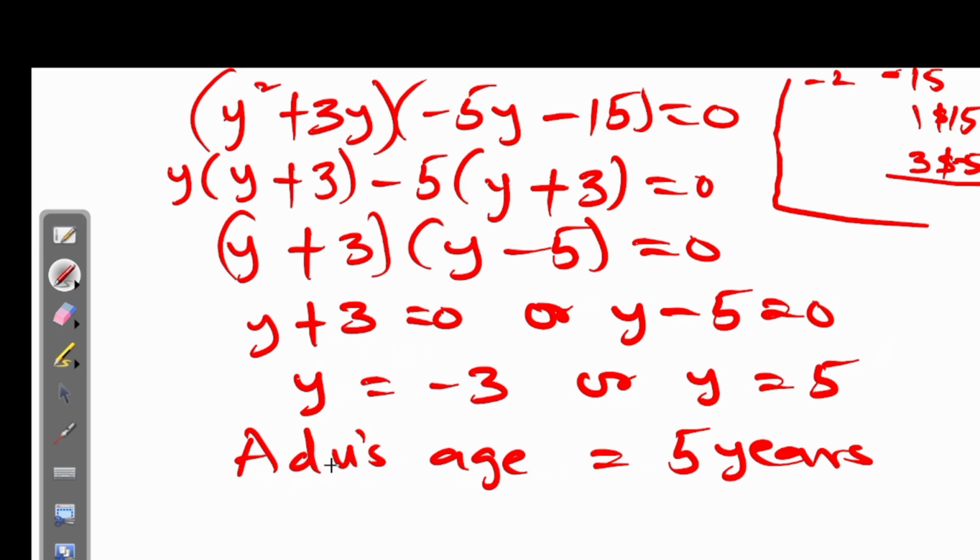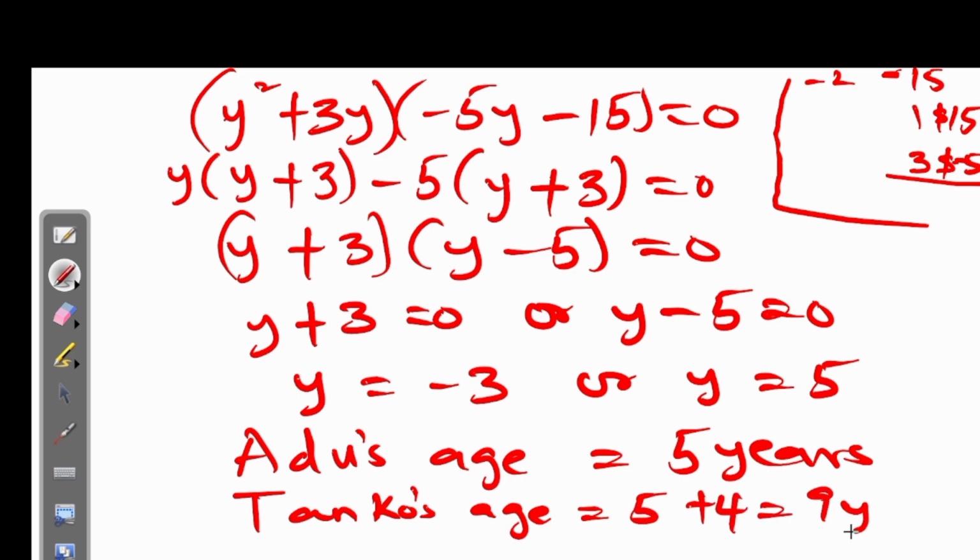Tanko is 4 years older than Adu. So Tanko's age is 5 plus 4, that will be 9 years. Then Akofa's age will be Tanko's age times 6.